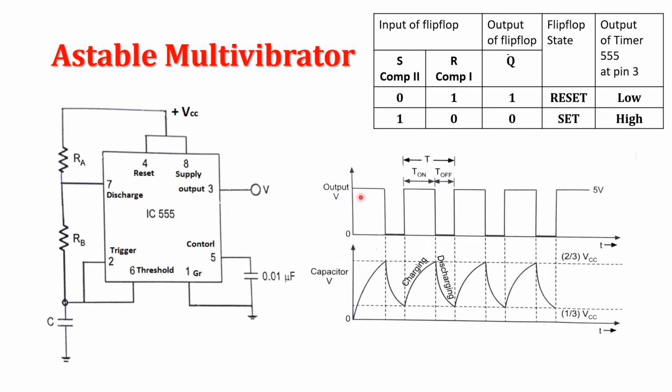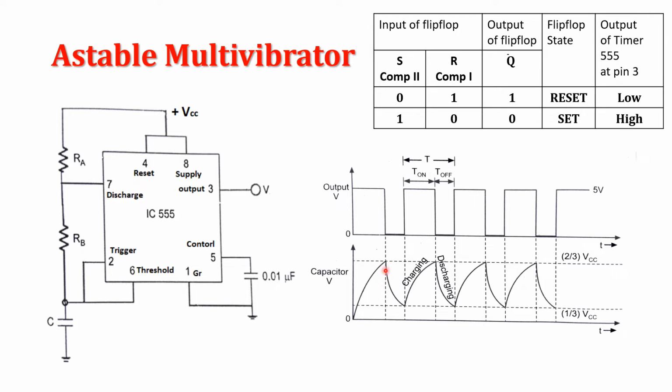Initially, power is turned on, the flip-flop is in the set state, the output of the timer is high, that is shown here. In that condition, the capacitor starts to charge. That charging of the capacitor increases exponentially. If the voltage across the capacitor reaches about 2/3 VCC, then what happens?